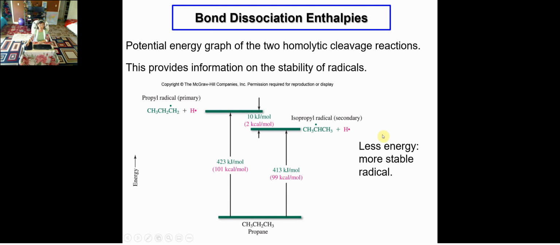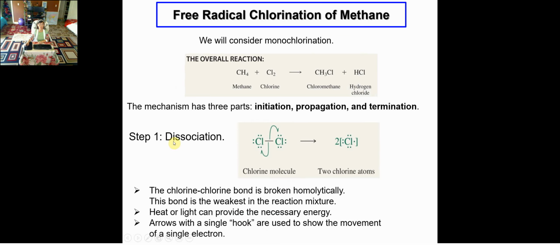Also, you can use this diagram to represent the potential energy graphs of different kinds of bond cleavage. Again, to summarize, the lower the energy, the more stable the related radical is. Usually, primary is least stable and secondary is better. The tertiary is much more stable than the other ones. Your methyl radical is the least stable one.